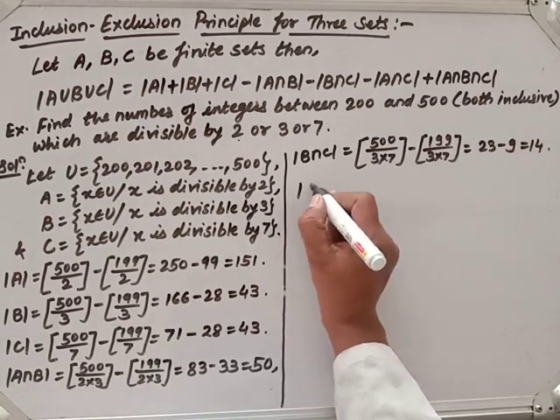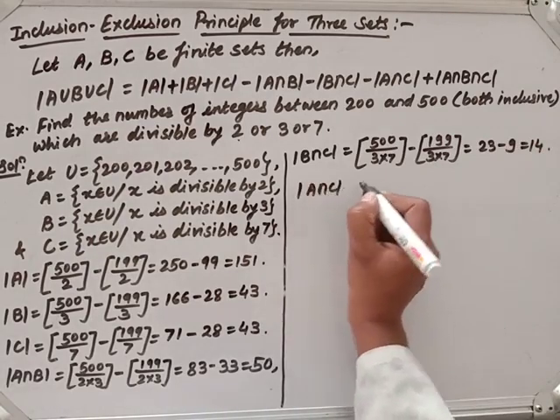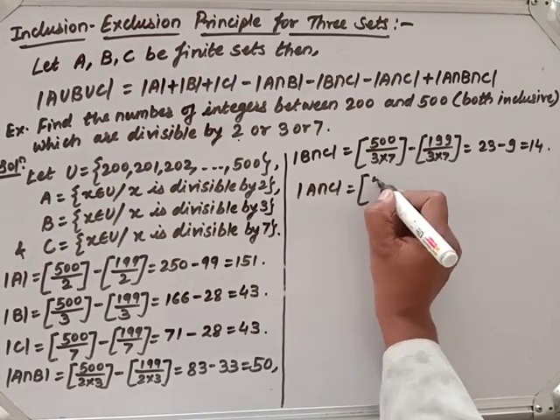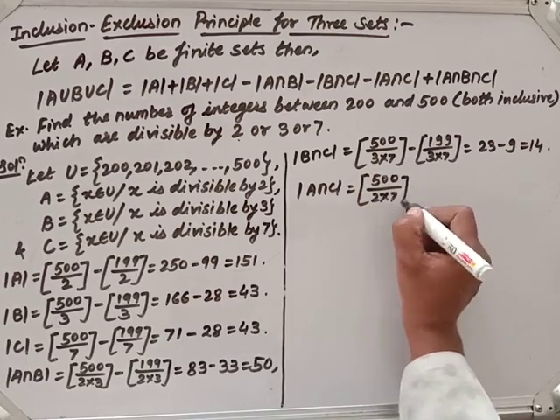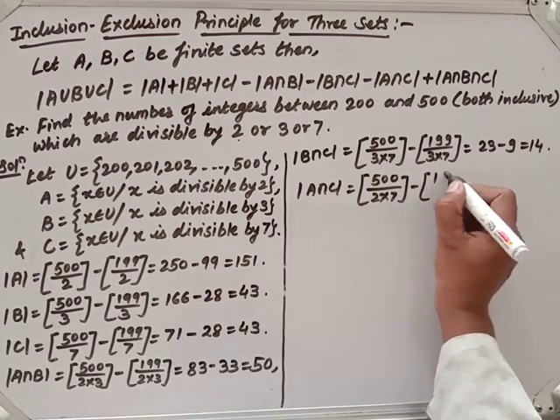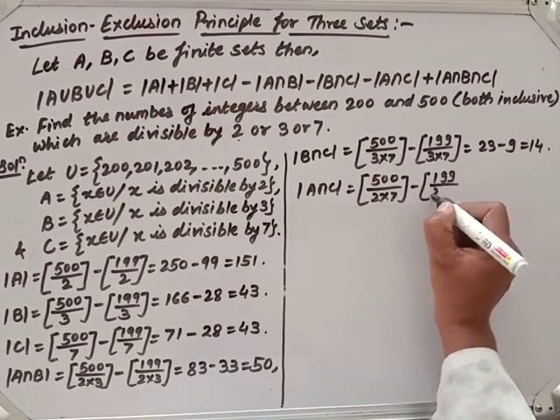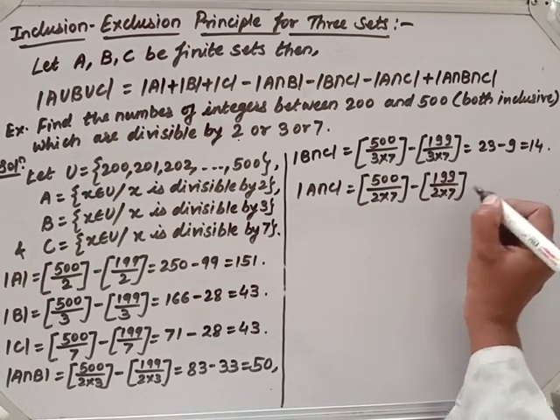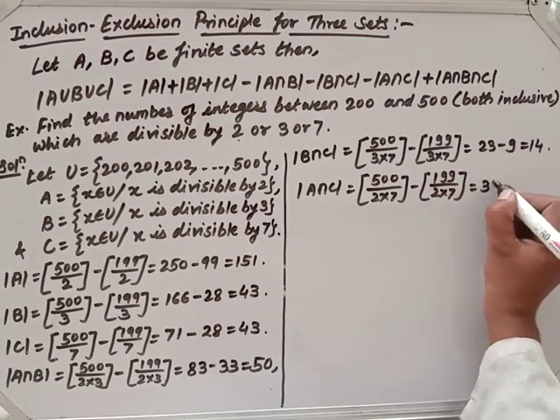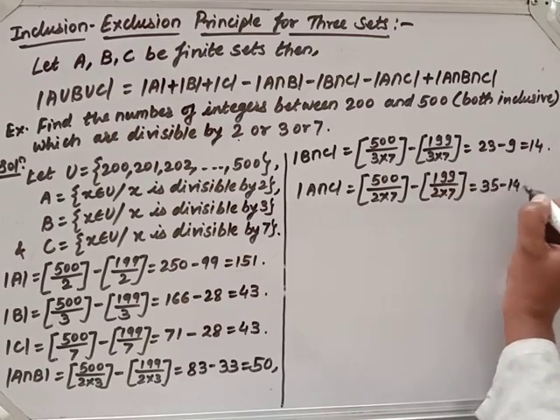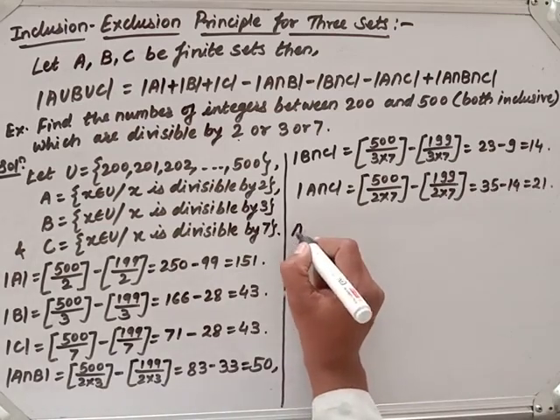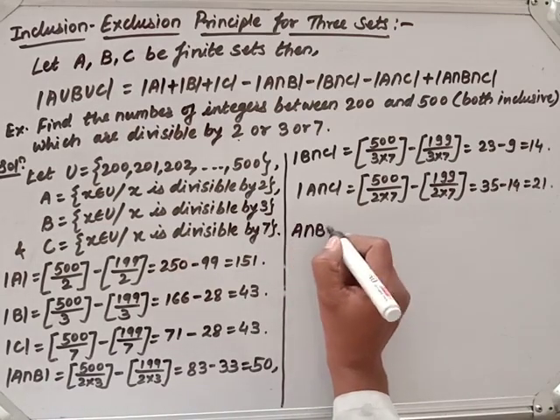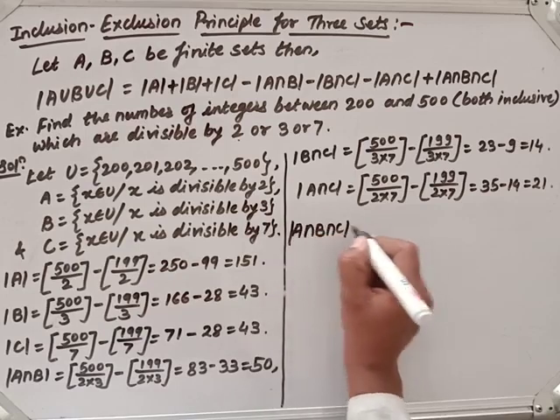And A intersection C is also 500 upon 2 multiplied by 7 minus 199 upon 2 multiplied by 7. So it is 35 minus 14. So it is 21. Also, what about the cardinality of all three?